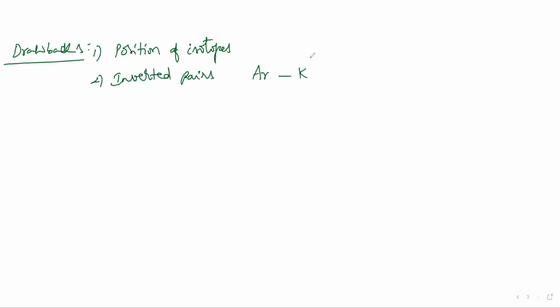Argon, potassium. What is potassium's atomic mass? Mass number is 39. Argon's mass number is 40. Now, according to Mendeleev, atomic mass should increase. But here, from 40 to 39, atomic mass is decreasing. So this is against Mendeleev's periodic table, right? So this is what we call inverted pair. These are all drawbacks in Mendeleev's periodic table.